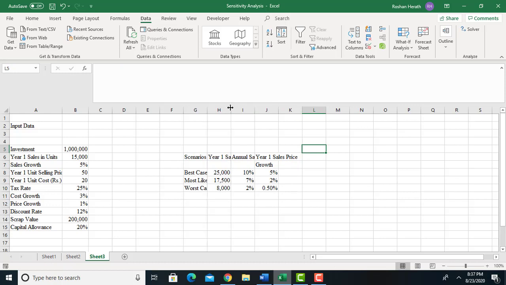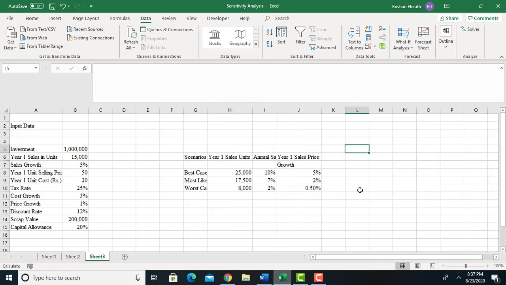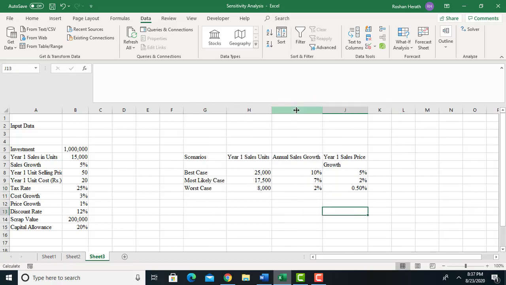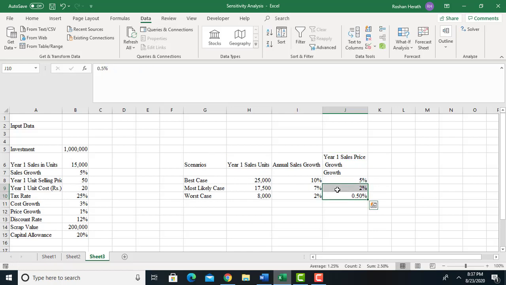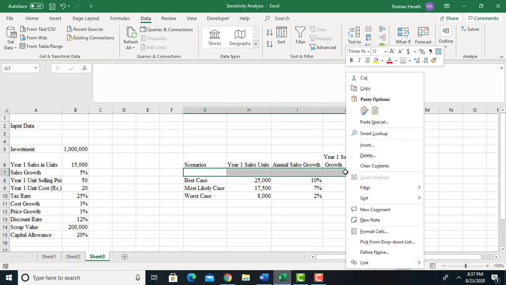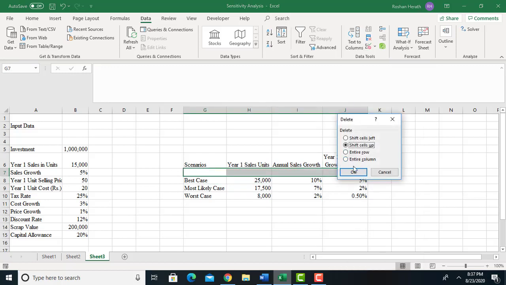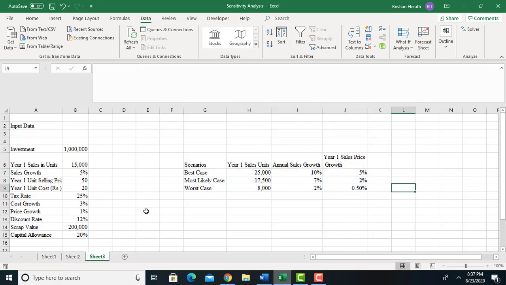All the information has now been copied. Right, okay. Now you have all the required information for the model.